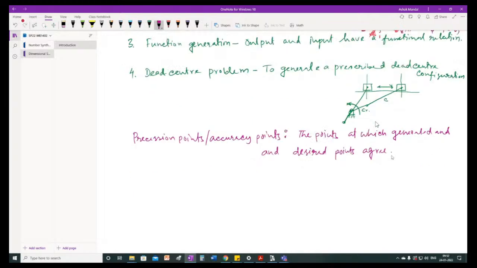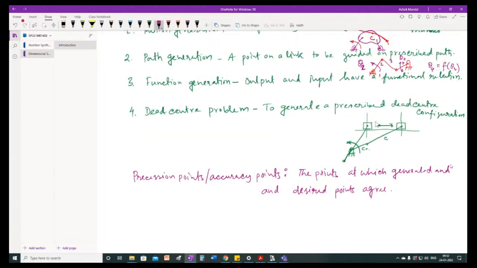What do you mean by this generated and desired points? Suppose you take one example. Suppose I take this path generation problem where you need to ensure a point C on the coupler must follow a path like this.